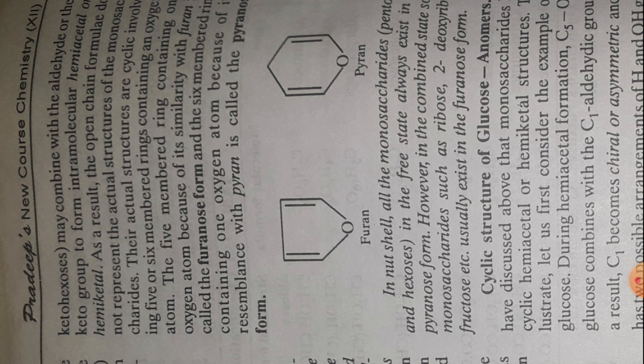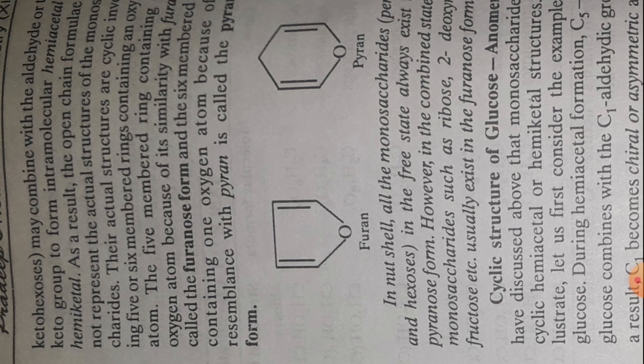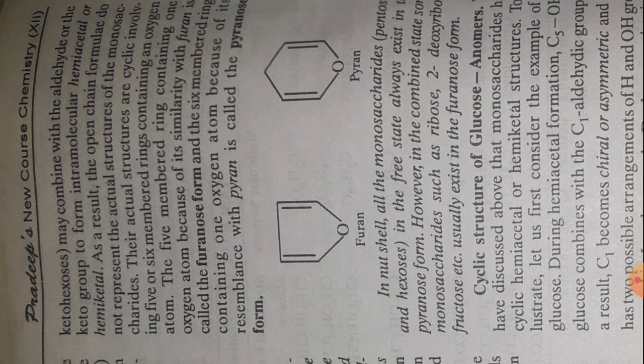When this reaction takes place, there is a chance that the second carbon hydroxy group may react with the aldehyde or keto group. The hydroxy of the third carbon may react, fourth may react, fifth may react. The sixth is not going to react at all. Why? That is primary.